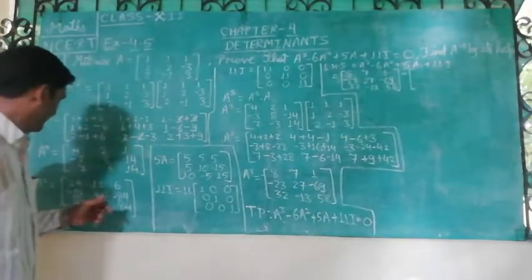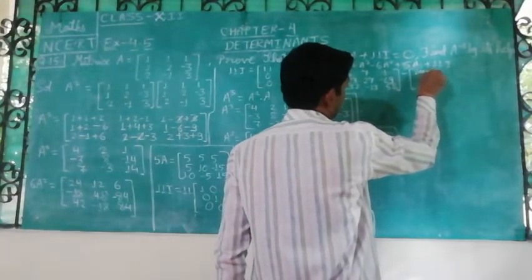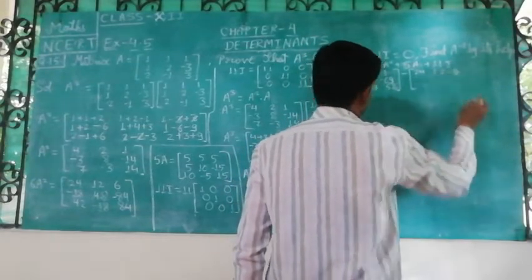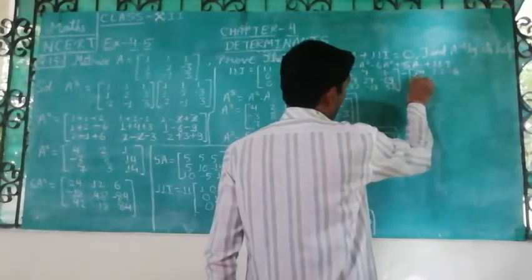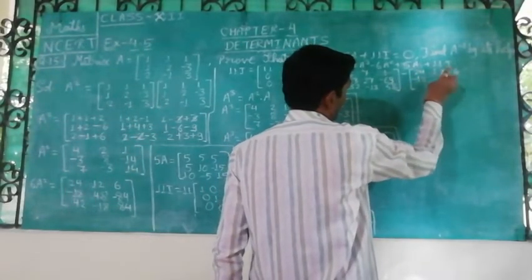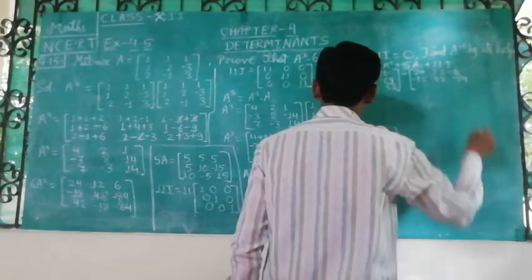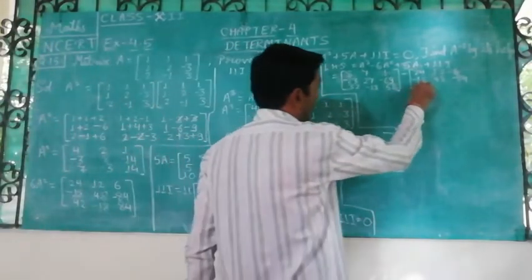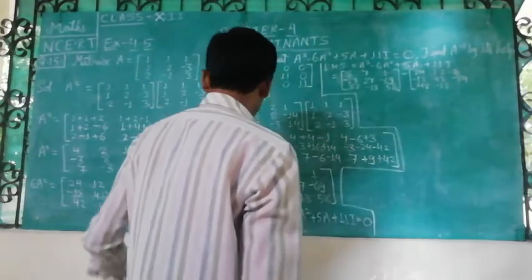See where it is? 6A square is here. 24, 12, 6, and then minus 18, 48, minus 84. And lastly 42, minus 18, 84.